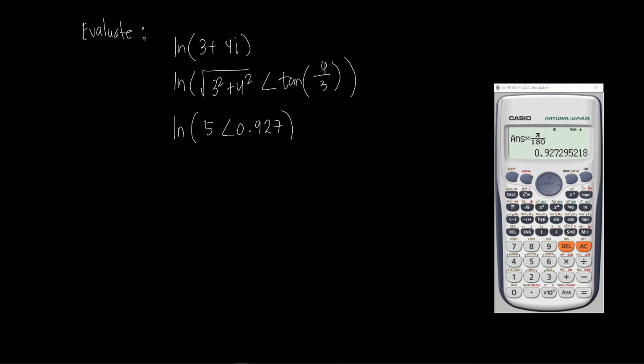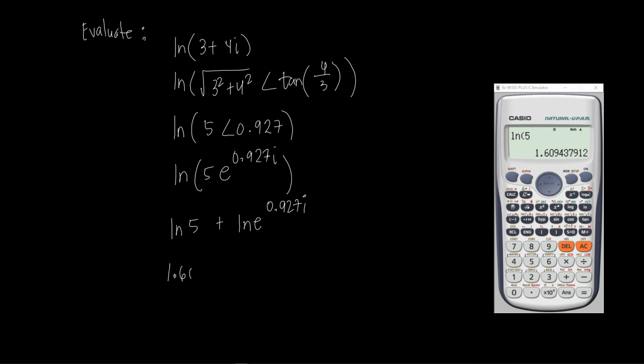Then, i-convert na siya into exponential. Mahimo na siya og 5e raised to the power of 0.927i. Then, bungkag na ni. Mahimo siya ln 5 plus ln e of 0.927i. Then, evaluate na ang ln 5. That is 1.609.